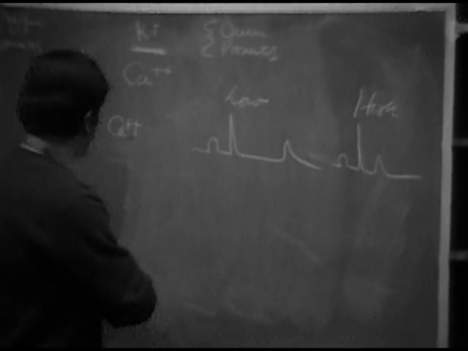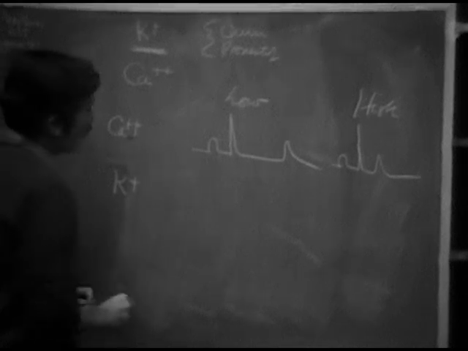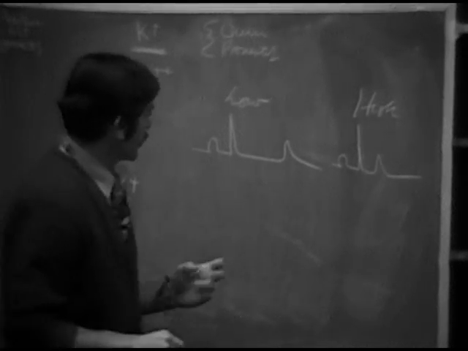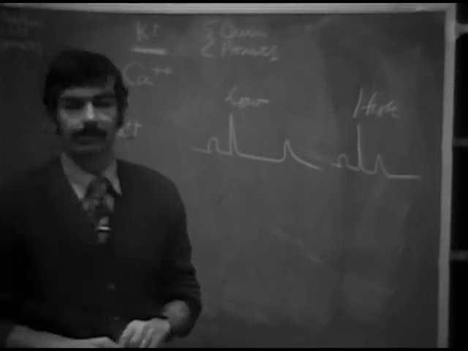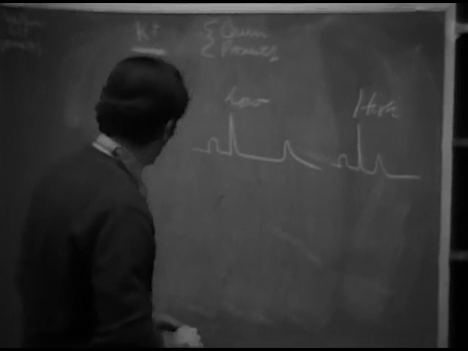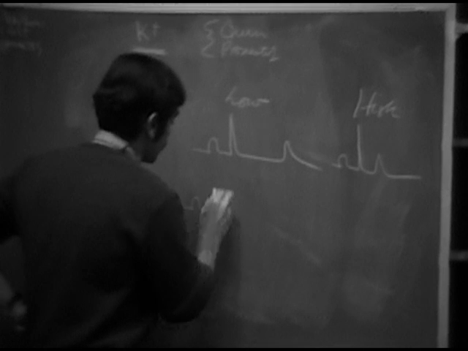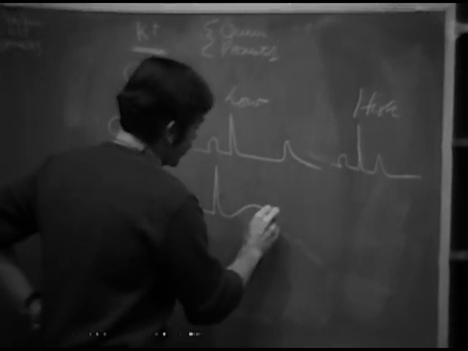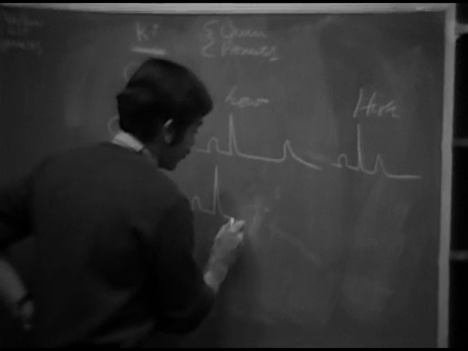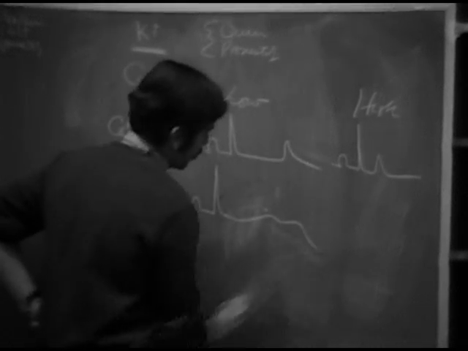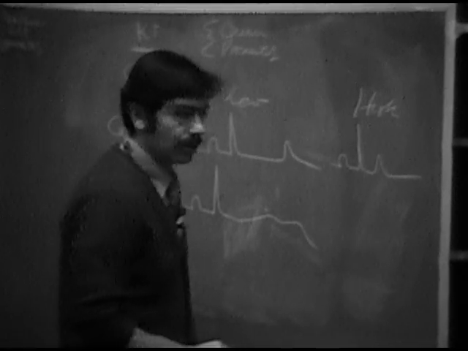All right. Now let's take a look at potassium. Low potassium gives you what? Also a prolonged QT interval. But here, you have a somewhat different appearance than you do with calcium. You get sort of a flat, long T wave with a U wave following it.